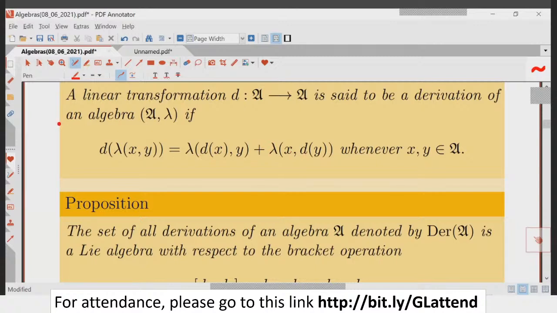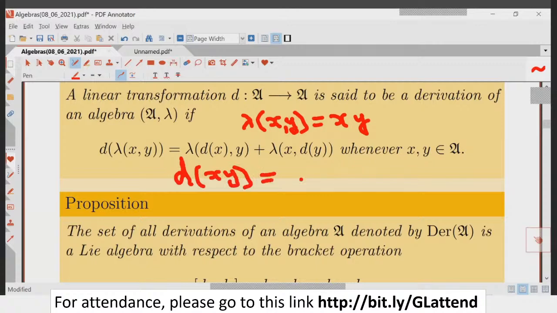If you write just xy as usual, then this is exactly the Leibniz rule, because you will get D of xy equals Dx y plus x Dy.